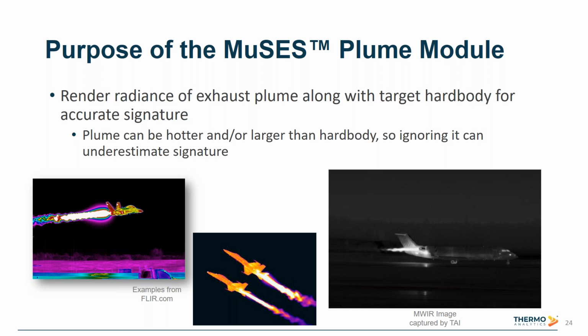For these vehicles, it is important to include the radiance from the hard-body surfaces as well as the hot exhaust gases. The MuSES plume module incorporates the radiance of the exhaust plume along with the target hardbody to provide more accurate signature renderings. The images shown at the bottom of this slide are real-life examples of aircraft plumes using different IR sensors.